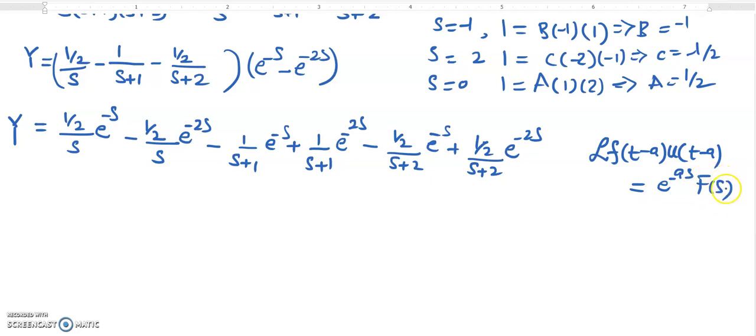That means if we have a function in terms of F of s, then its Laplace transform will be this. So in this case, we examine term by term.